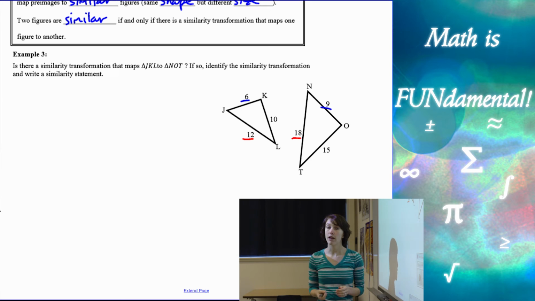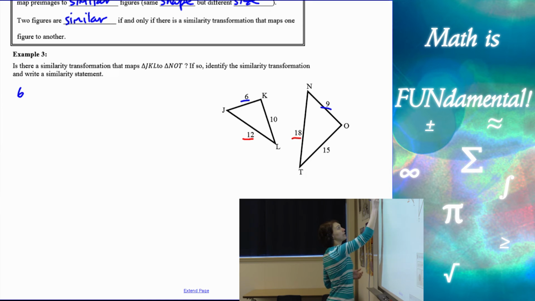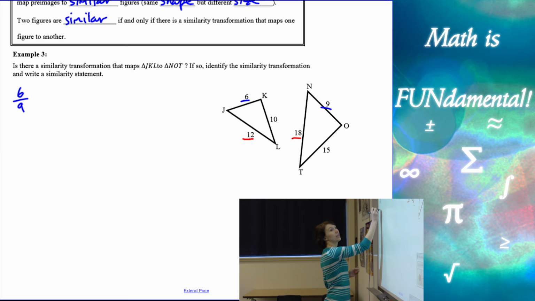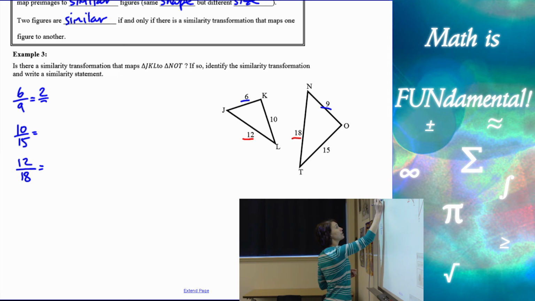So we want to figure out first if these are similar figures. To do that, we want to take ratios of the side lengths. We want to see if it has a common scale factor. So 6 over 9, 10 over 15, and 12 over 18, and reduce them. If I reduce this by 3, I get 2/3. Reducing it by 5, I get 2/3.